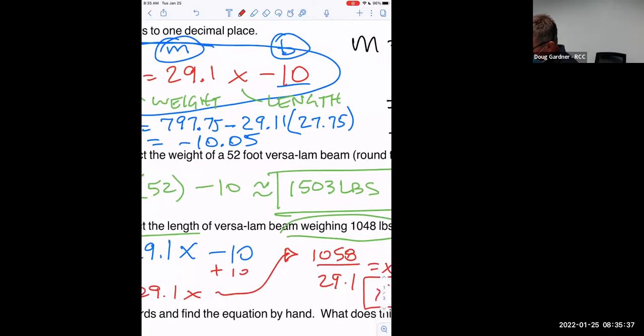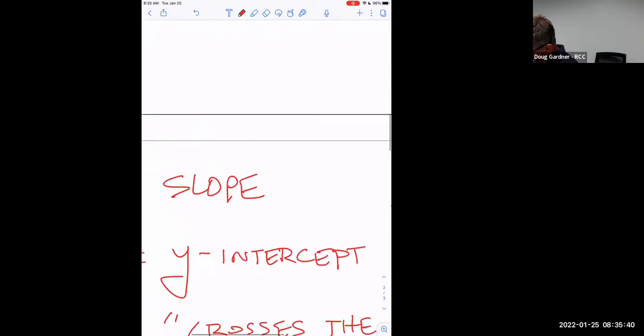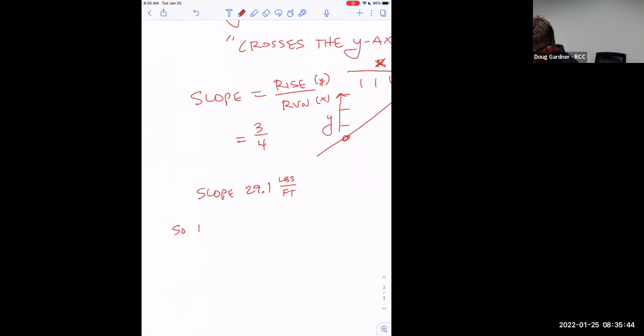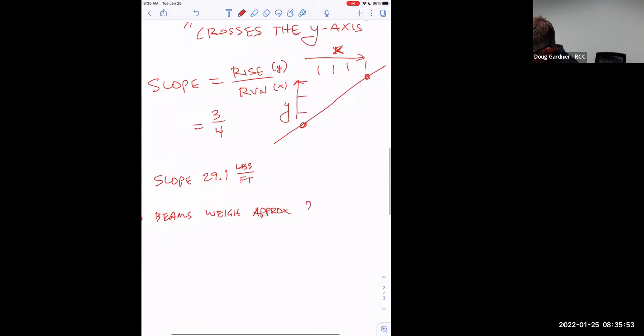So roughly speaking, even if you just rounded it off, you could say, oh, beams weigh approximately 29 pounds per foot, if I didn't need to be perfect. So basically now I could say, oh, if it's 50 feet long, I could just multiply by 29, and then I would know approximately how much it weighed.